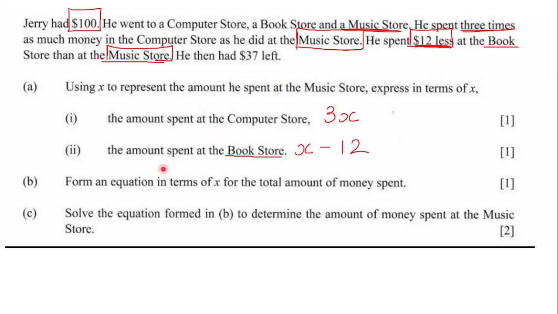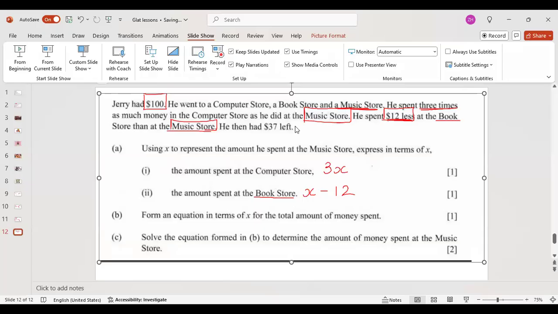So form an equation in terms of X for the total amount of money spent. What are we gonna do?